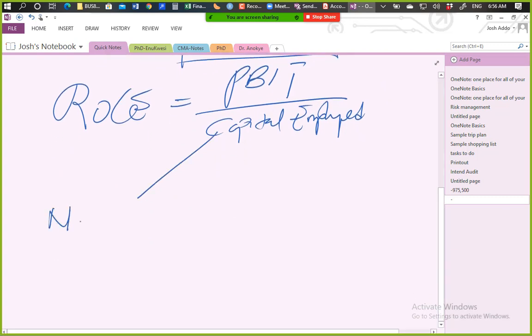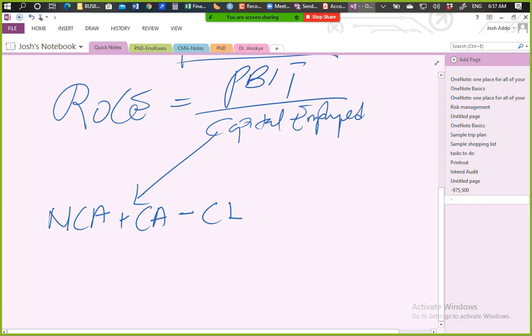It is non-current assets plus current assets minus current liabilities. Please try to be specific. Non-current assets plus current assets minus current liabilities. This is the formula for capital employed.